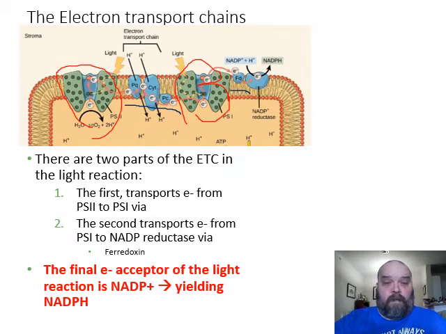That frequency gets passed to chlorophyll A. Chlorophyll A gives up an electron, which goes to the electron acceptor, and then it's going to go through this series of cytochromes, this series of protein complexes that are going to bleed off just a little bit of energy.